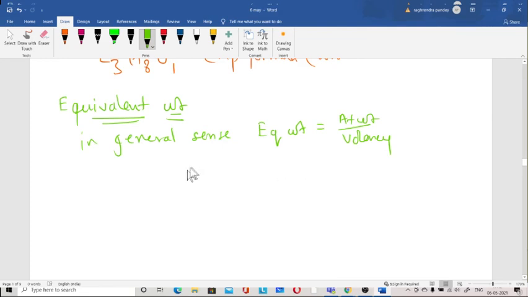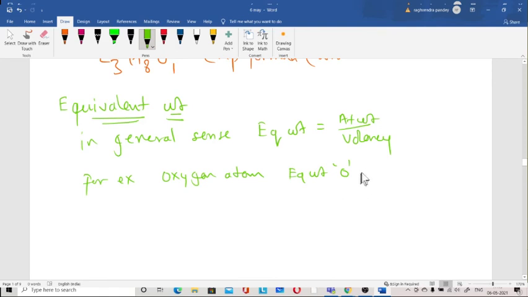So for example, let's take the oxygen atom. What is the valency of oxygen? It is 2. So the equivalent weight of oxygen, I am just talking about O, because molecules don't have any valency.